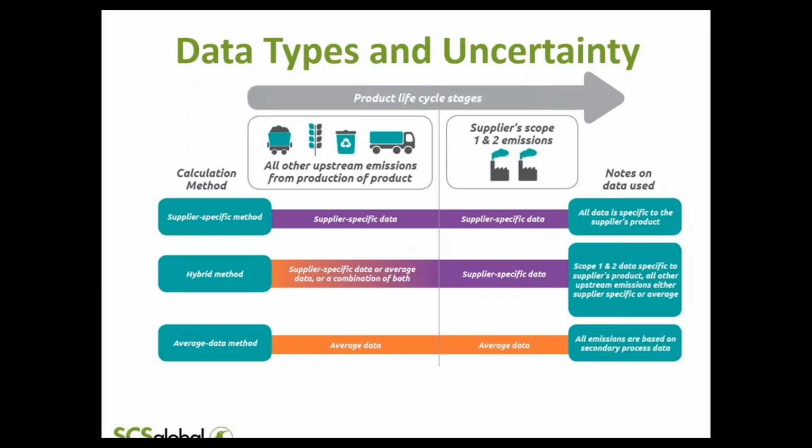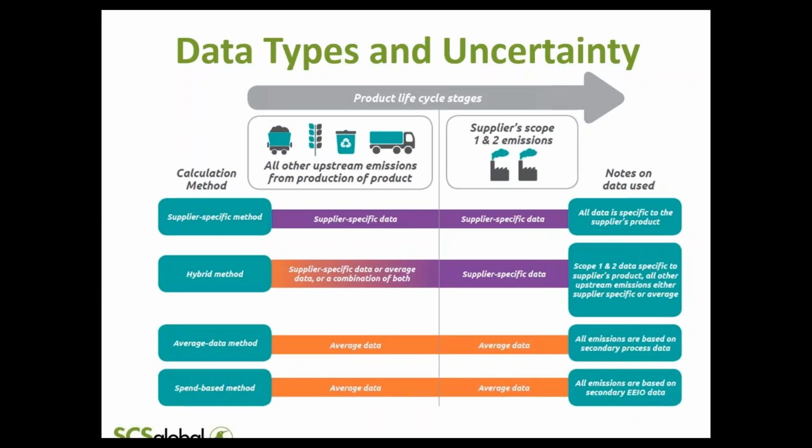So this is using something like a lifecycle assessment database to characterize the entire supplier's emissions. So say if you're purchasing an aluminum component from a supplier, you simply take a data set from a database like EcoInvent and populate that in your greenhouse gas inventory without doing any supplier data collection.